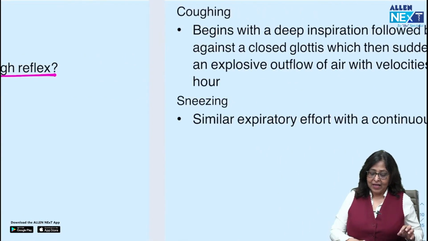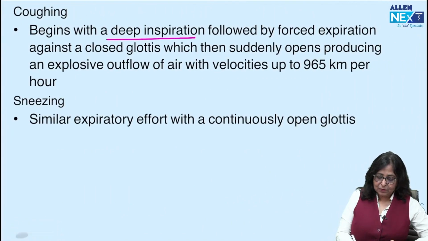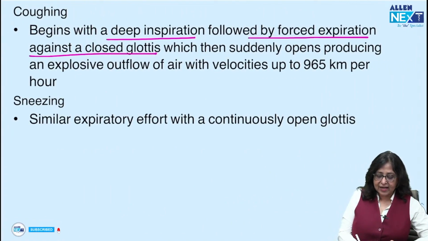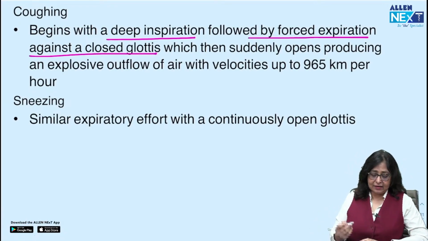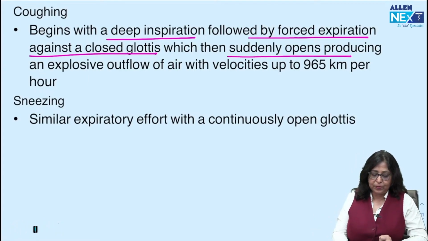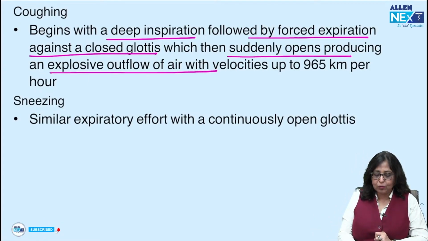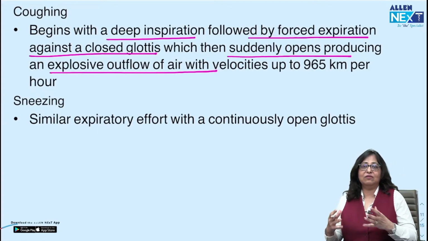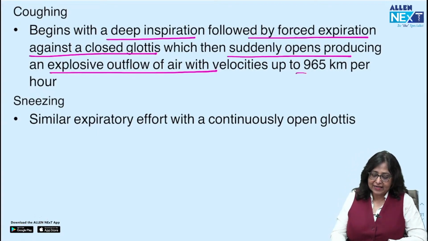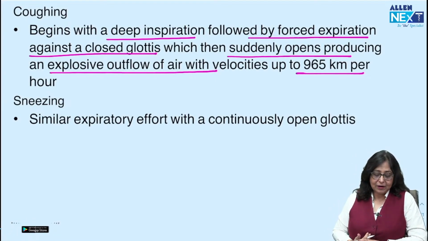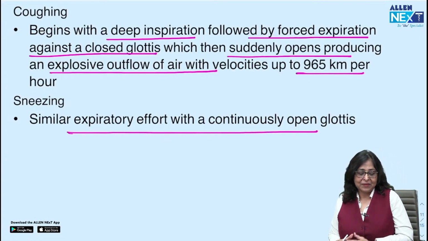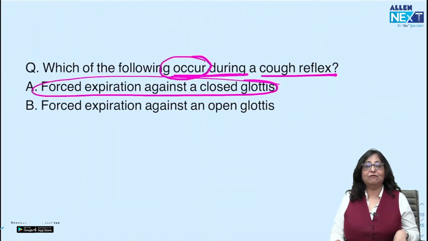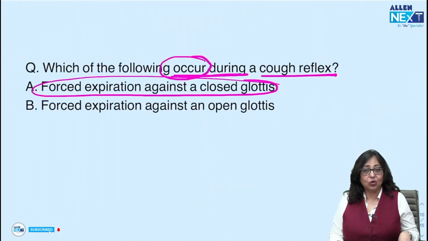There is a deep inspiration followed by forced expiration against a closed glottis, and the next event is a sudden opening of the glottis, producing an explosive outflow of air with velocities up to 600 miles or 965 kilometers per hour. And in sneezing, this is a similar expiratory effort with a continuously open glottis. So the best answer here would be forced expiration against a closed glottis.